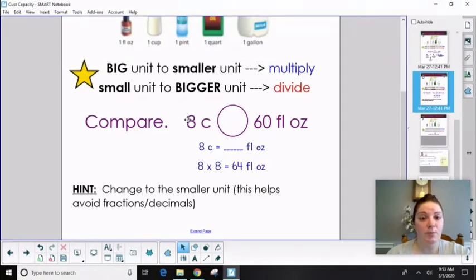So 8 cups is really the same thing as 64 fluid ounces. So 64 compared with 60 is greater. So 8 cups, or 64 fluid ounces, is greater than 60 fluid ounces.